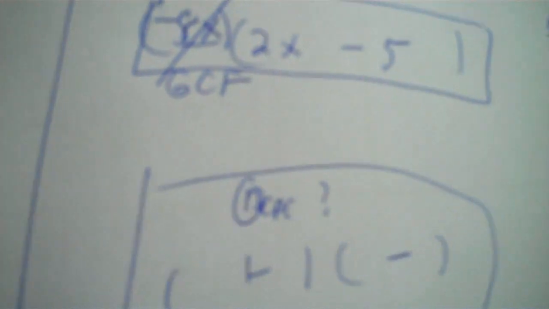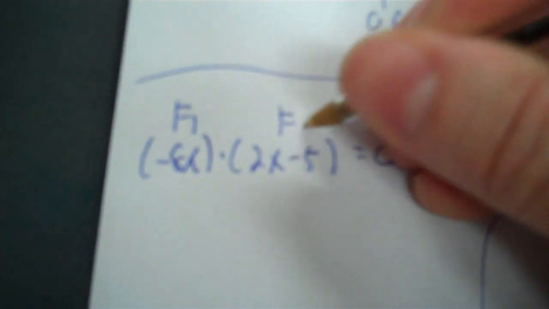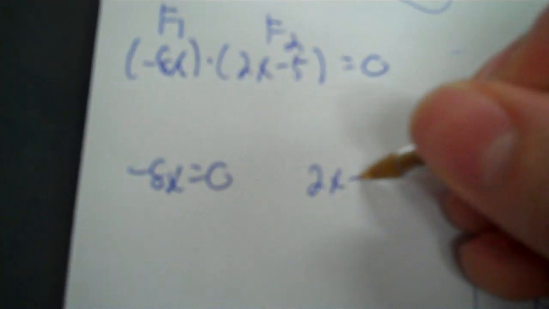Now is this a difference? It's positive, negative, so I can circle D for difference, but 2 is not a perfect square. See, these are my perfect squares. 2 is not one, so I write nope, and I put that 2x minus 5 after the negative 8x. F1, F2. So negative 8x could equal 0, 2x minus 5 could equal 0.